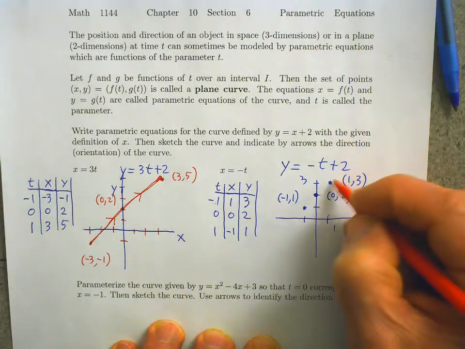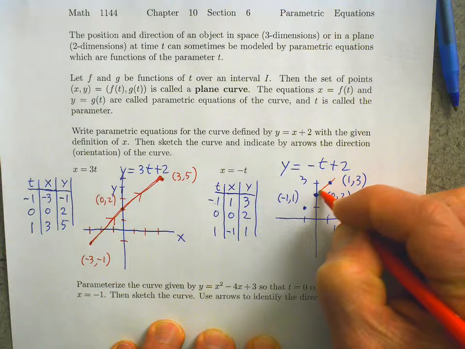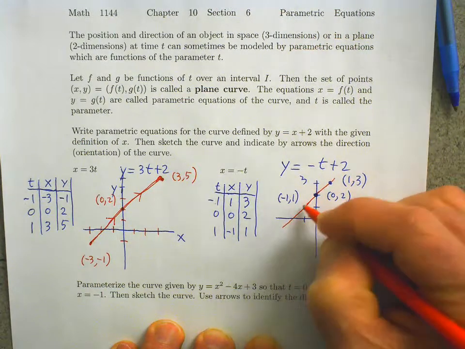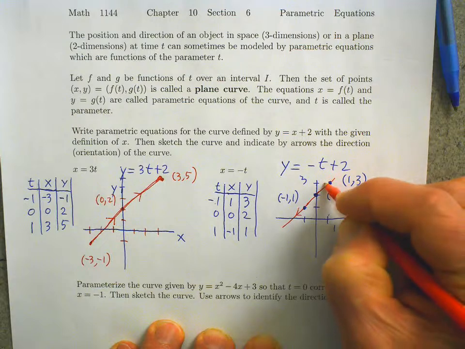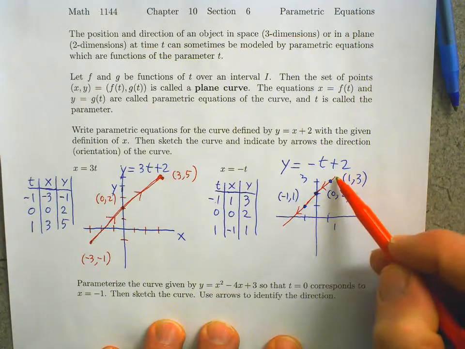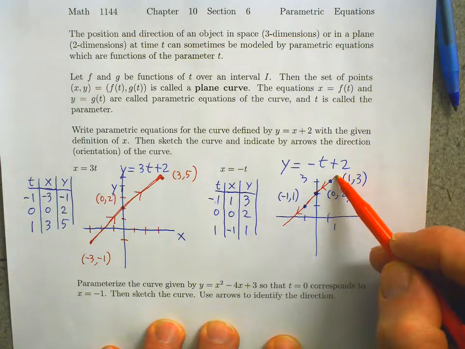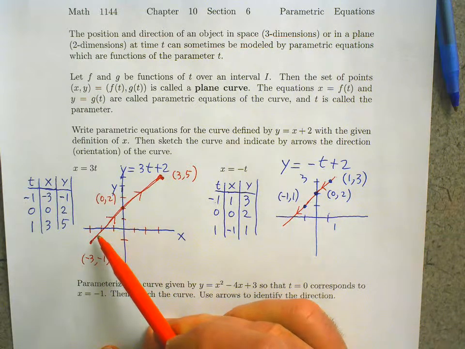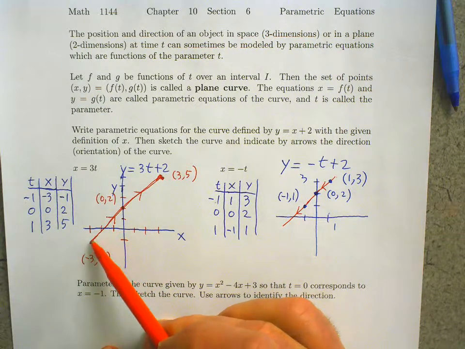But this time, even though the line is the same line, the orientation is reversed. And we could also say that if this represents a particle, it's moving slower than it did for the curve on the left, or for the straight line on the left.